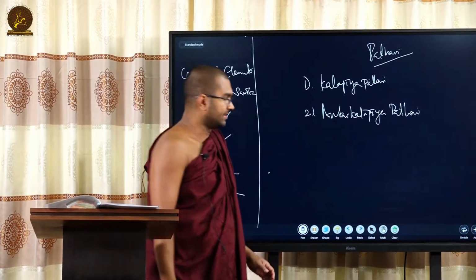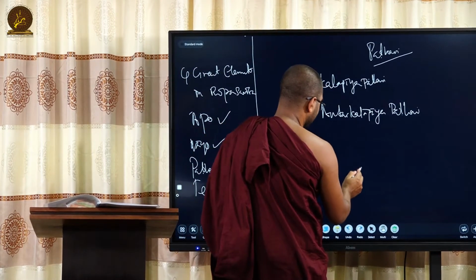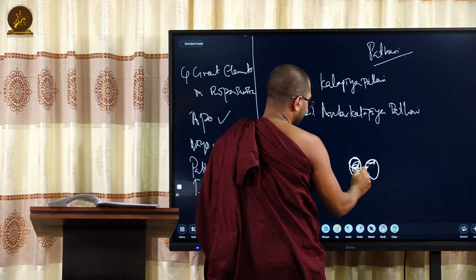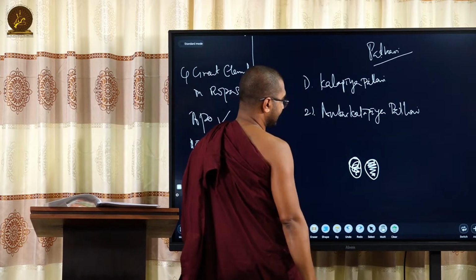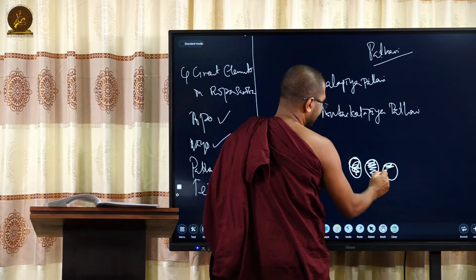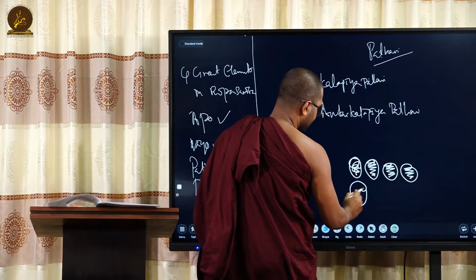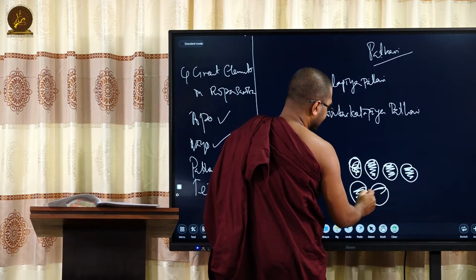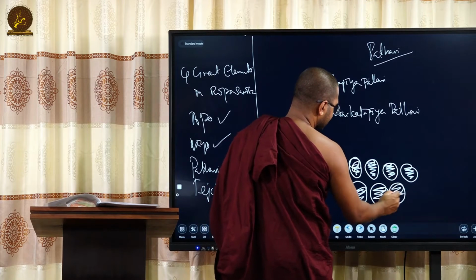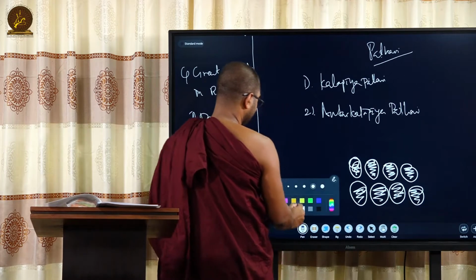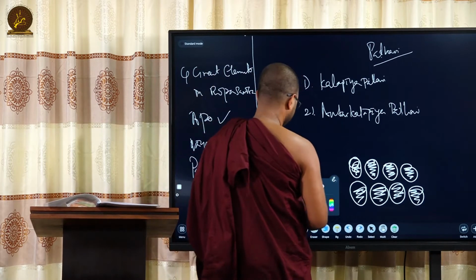So how do we prove this? How do we come to this conclusion? Now we know the Kalapas exist with space separating them. If you take this as a body of Kalapa, a body of Rupas, then we shall keep another body upon this.